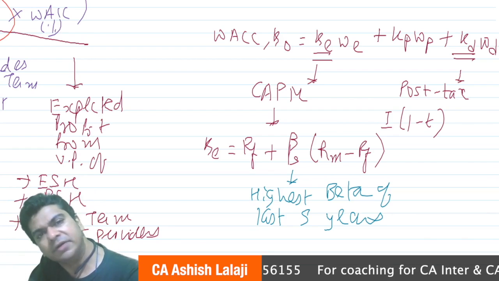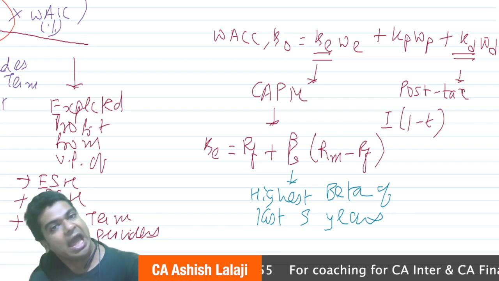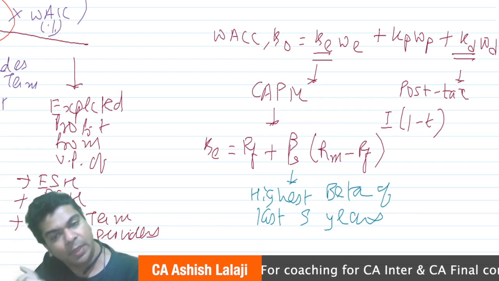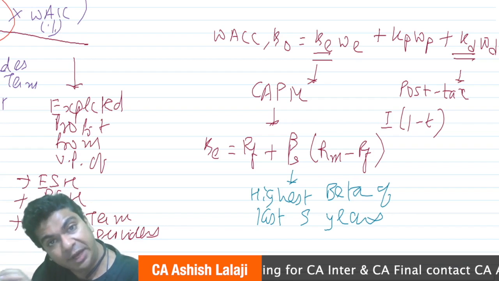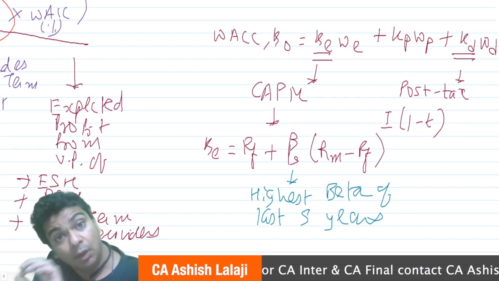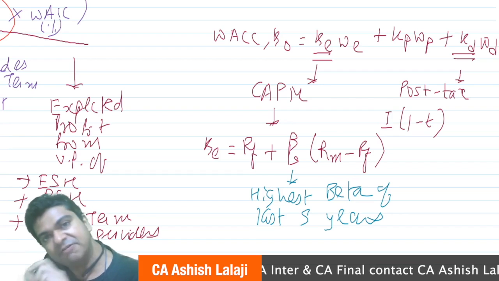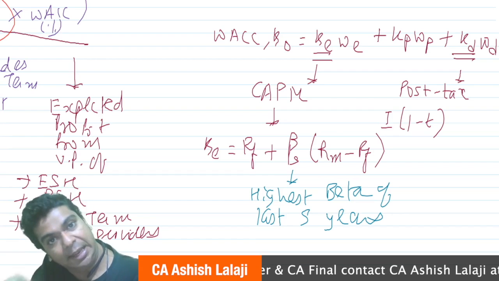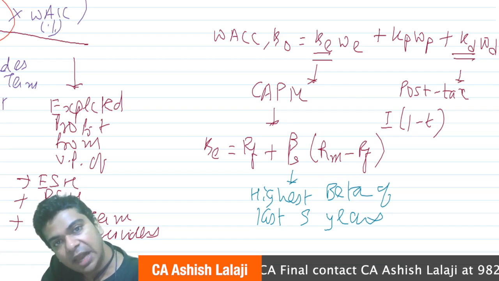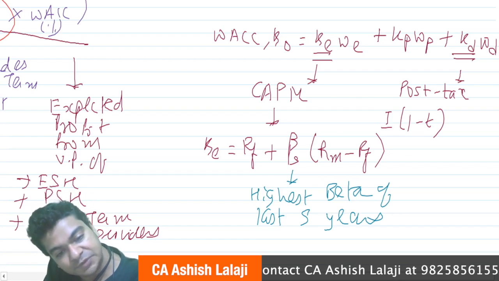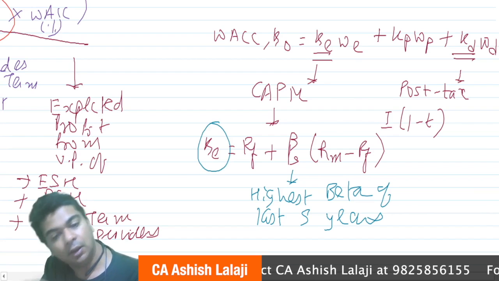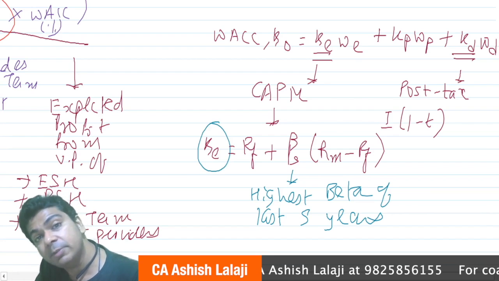They have done their own research, and on the basis of that, they have come up with the concept of EVA. So whatever we are discussing is with reference to the way they are calculating the economic value added. What they are suggesting is that when you calculate the cost of equity, pick up the highest beta of the last 5 years. This will give you the maximum possible cost of equity. See, higher the beta, higher will be the cost of equity.